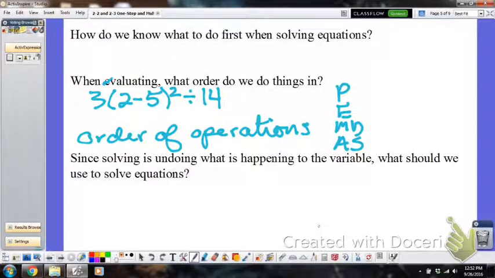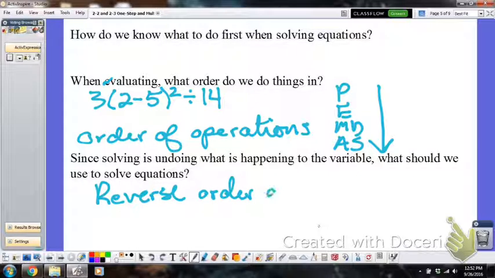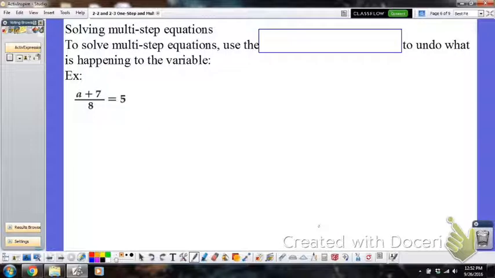If order of operations uses PEMDAS forward, when we're solving, we're undoing what is happening to the variable, so we will use the order of operations backwards. So we'll use the reverse order of operations.